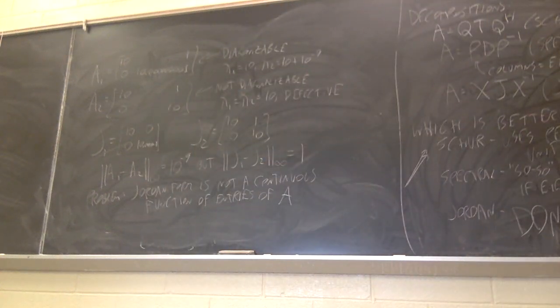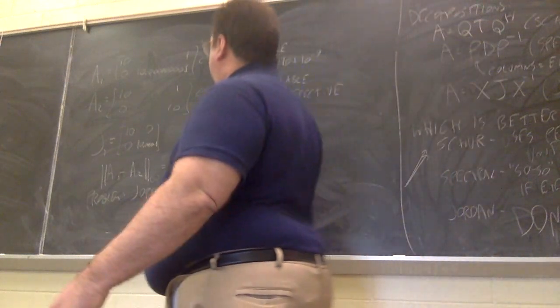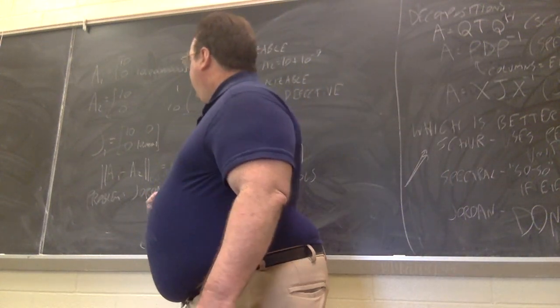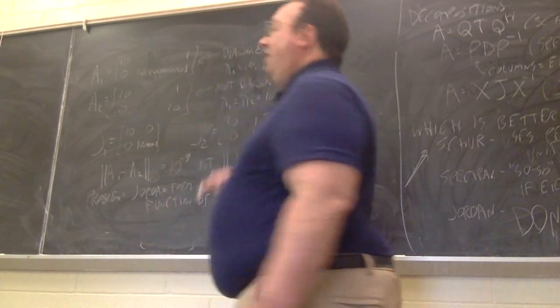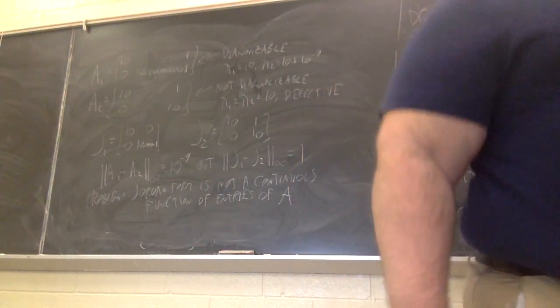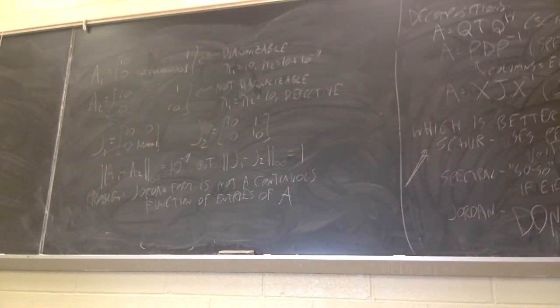You don't know. And yet, which case it is alters the whole structure of the Jordan form. Since you can't tell those cases apart when you take round-off error into account, how do you decide what is a correct Jordan form?